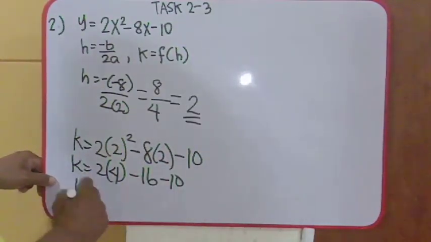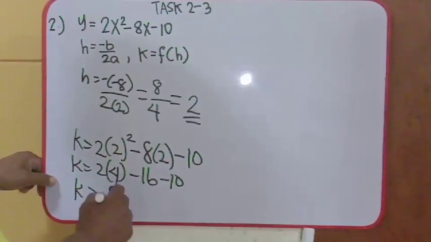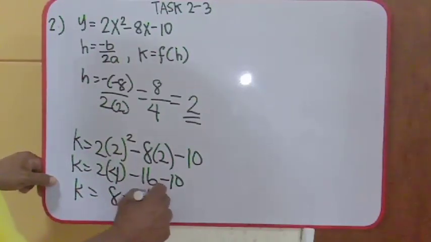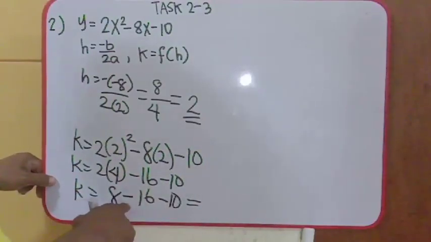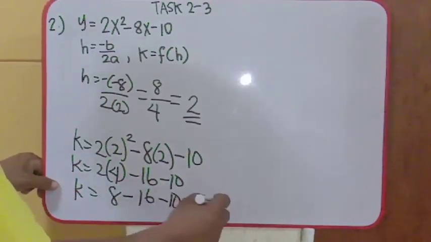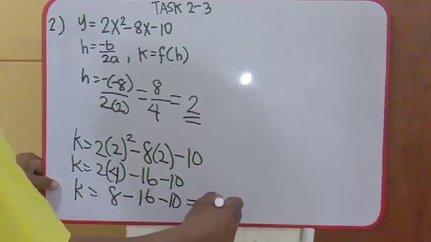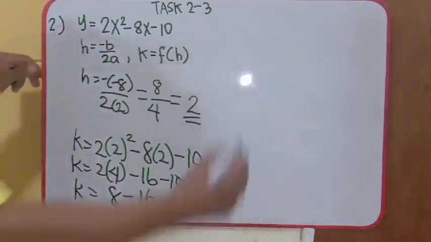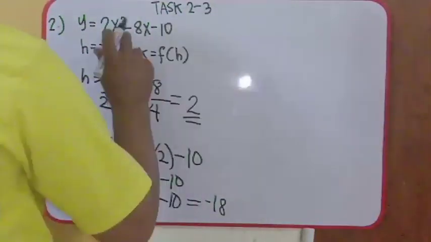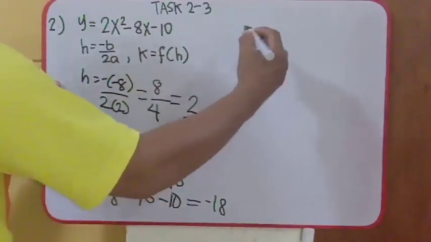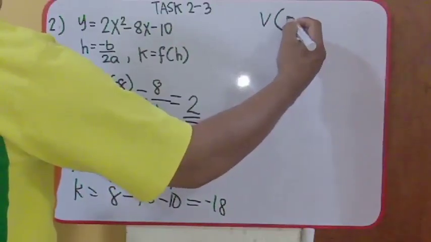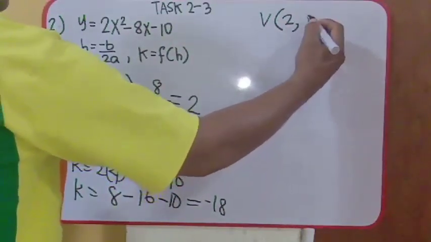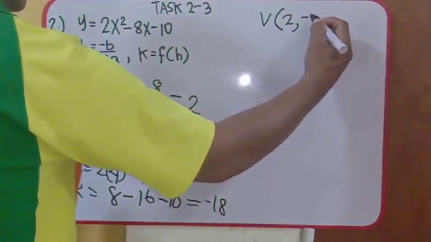By simplifying, 2 times 4 is 8, minus 16, minus 10. So, we have 8 minus 16 minus 10. So, our k equals negative 18. So, our vertex in the function of 2x squared minus 8x minus 10, our vertex is 2 and negative 18.